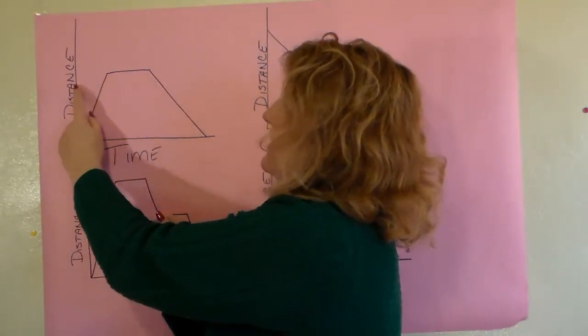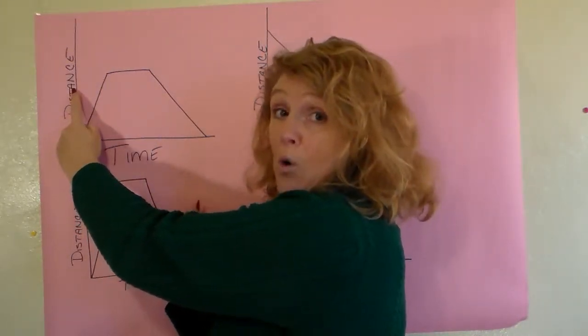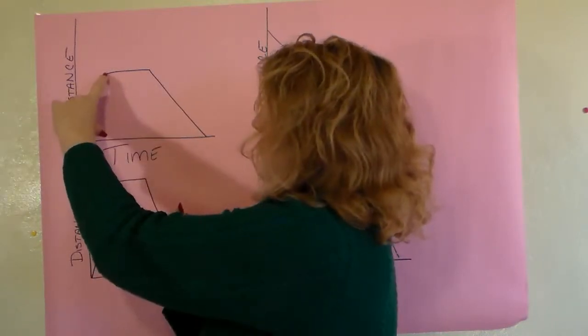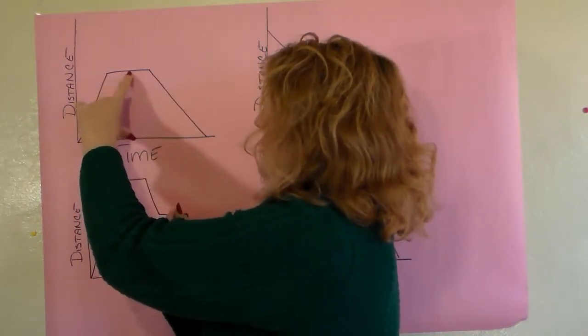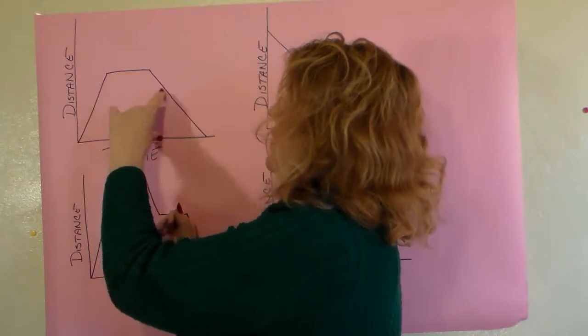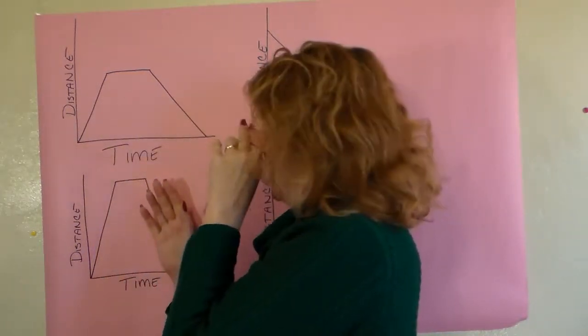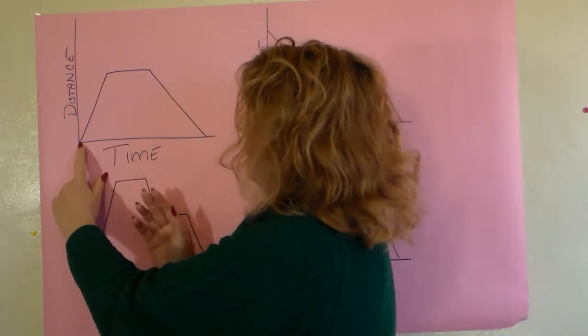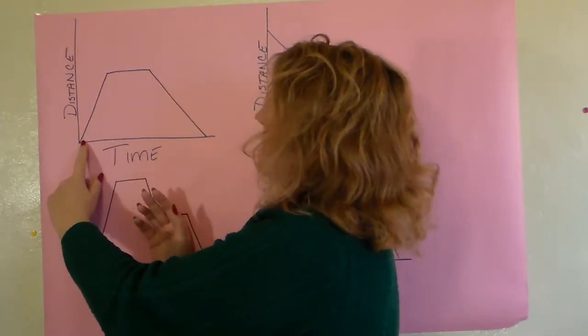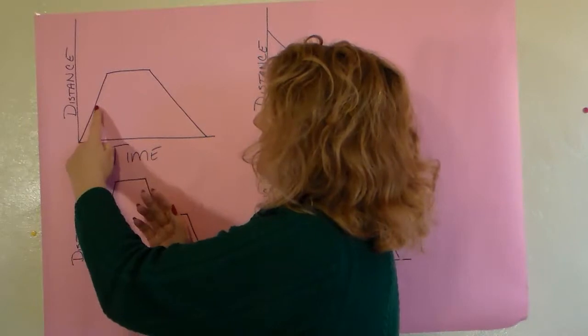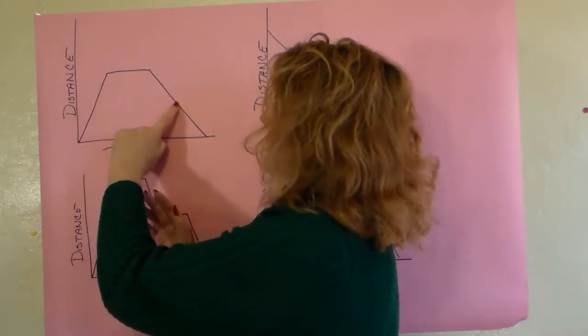Their distance didn't change from where they were, but the time did. So as time went on, their distance stayed the same, and then they started walking back, or driving back, or whatever. So this also shows you, you see how this line is a little bit steeper than this line?